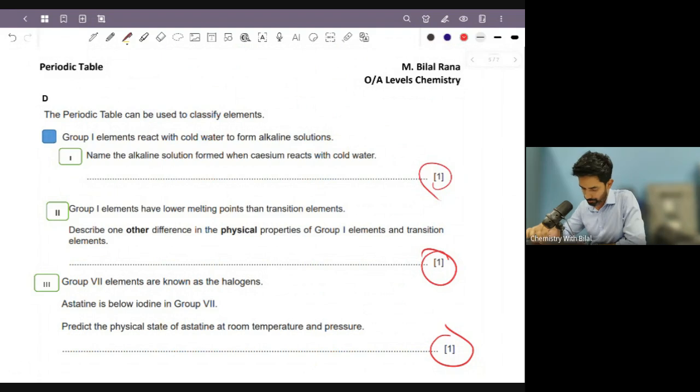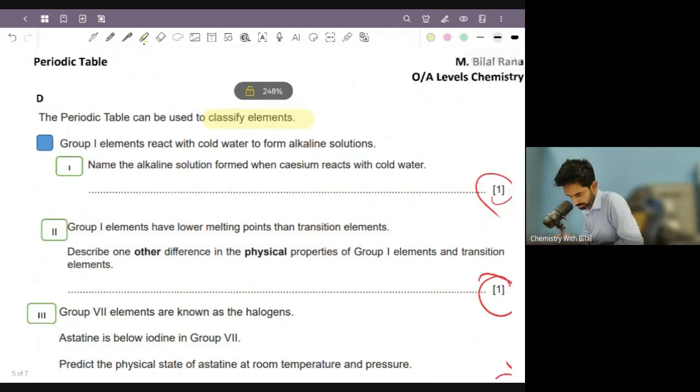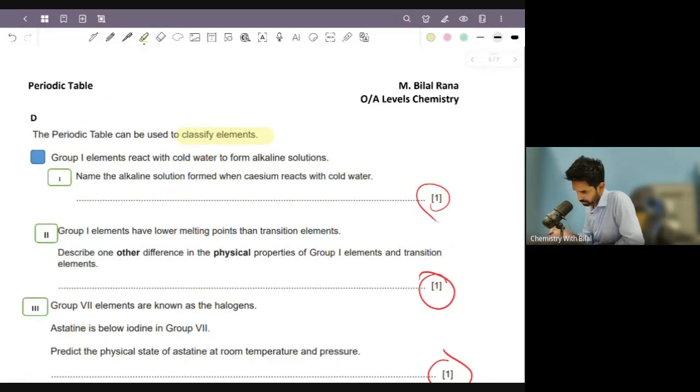Okay, so periodic table can be used to classify the elements. We have metals on the left, non-metals on the right, transition in the middle, so we can classify the elements using periodic table. Group 1 elements react with cold water to form alkaline solution. Name the alkaline solution formed when cesium reacts with cold water.